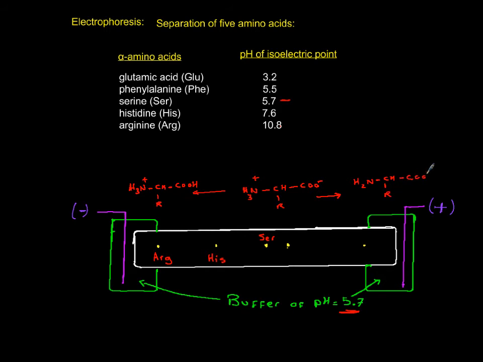Therefore, it makes sense that you're going to be pulled by the positive electrode. This is 3.2, which will be GLU, and this is 5.5, which is PHE. So they will be separated like this. You will spray it with ninhydrin, and then you're going to study it according to the standards you have.